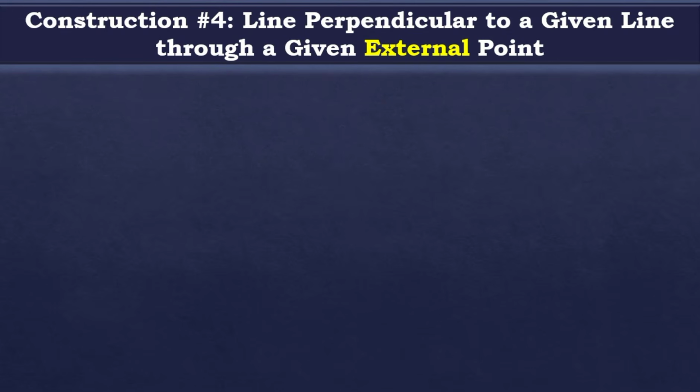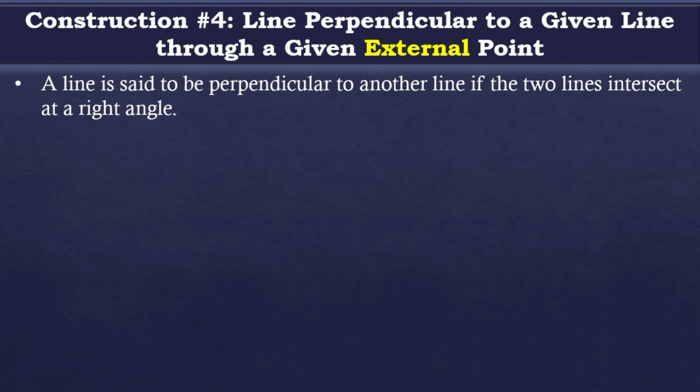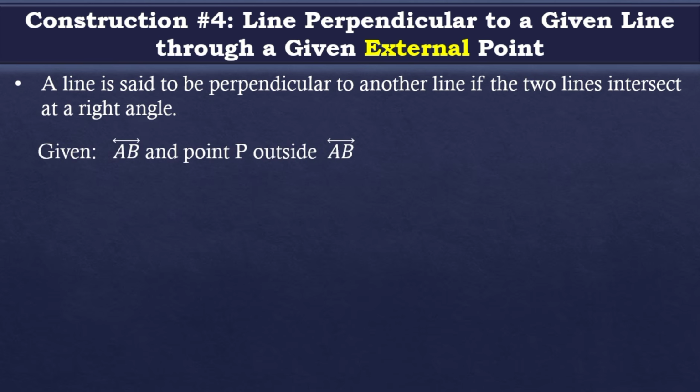Next, construction number 4. How are we going to construct a line perpendicular to a given line through a given external point? So, yung previous natin, given a point. Now, this one is, so ito nga, nabanggitan natin ito kanina. So, our given is line AB and point P outside AB. So, outside means external.